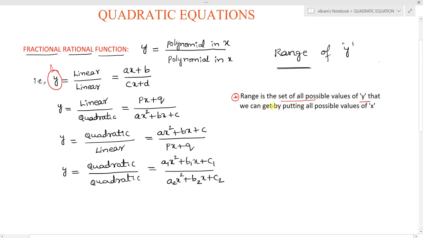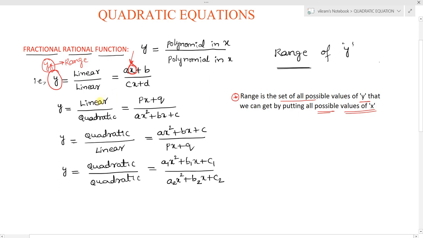We can get the values of y by substituting all possible values of x. For all possible values of x, the values of y that we get are called the range of the function.